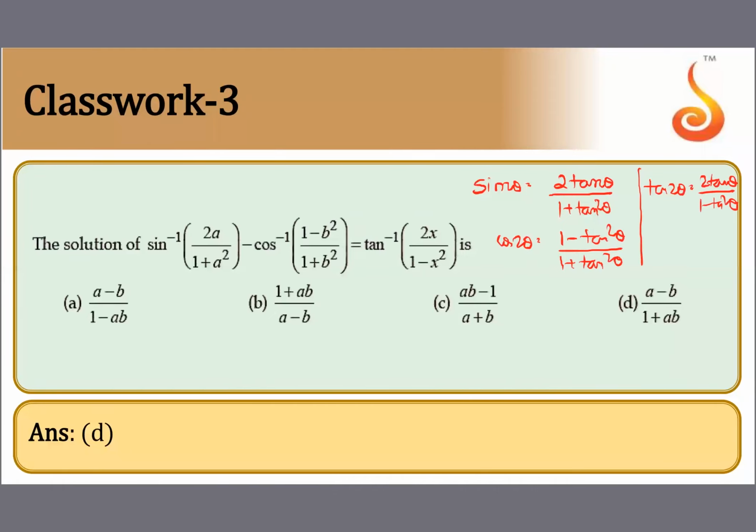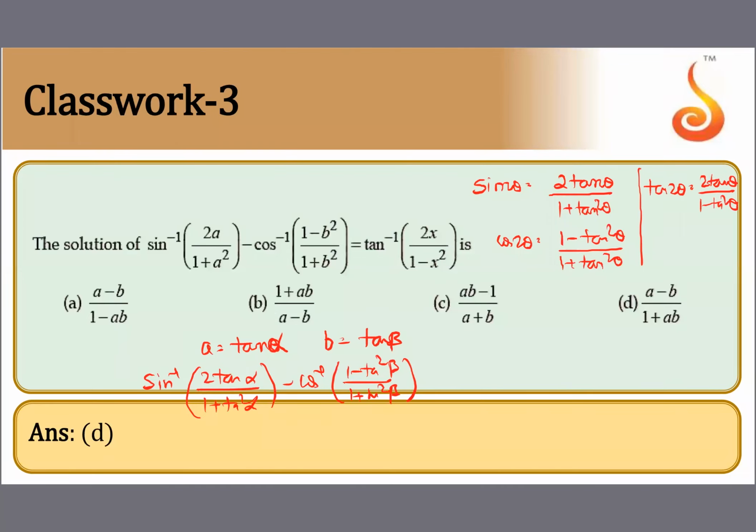These are three formulae. So we apply A equal to tan alpha and B equal to tan beta. So we get sine inverse of 2 tan alpha upon 1 plus tan square alpha, plus cos inverse of 1 minus tan square beta upon 1 plus tan square beta.